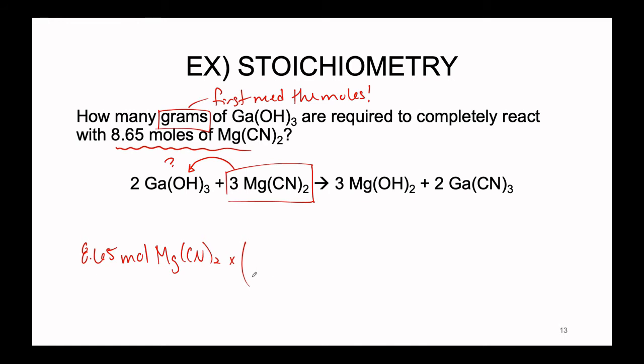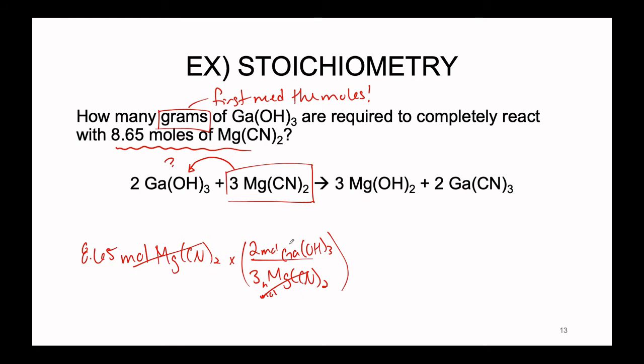We can see in the balanced chemical equation that there are 3 parts magnesium cyanide per every 2 parts, so mole instead of parts, mole, of gallium hydroxide. So at this point in our calculation, we have gotten out of the units of moles magnesium cyanide. We are now in the unit of moles gallium hydroxide.